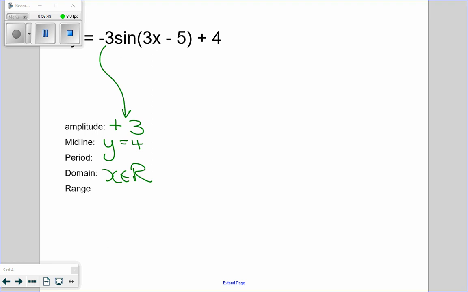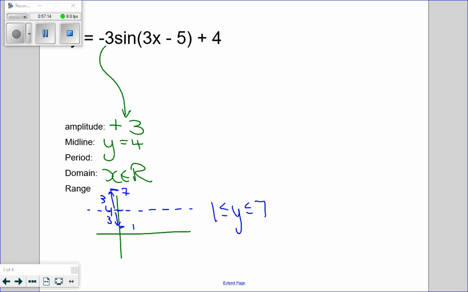What I suggest you do for range is draw a quick sketch. The midline is at 4. It's going to go up 3 and down 3. So the top is at 7, the bottom is at 1. So the range is from 1 to 7.